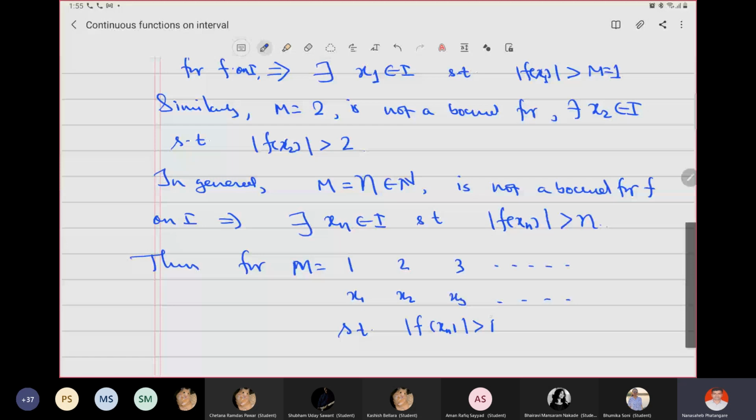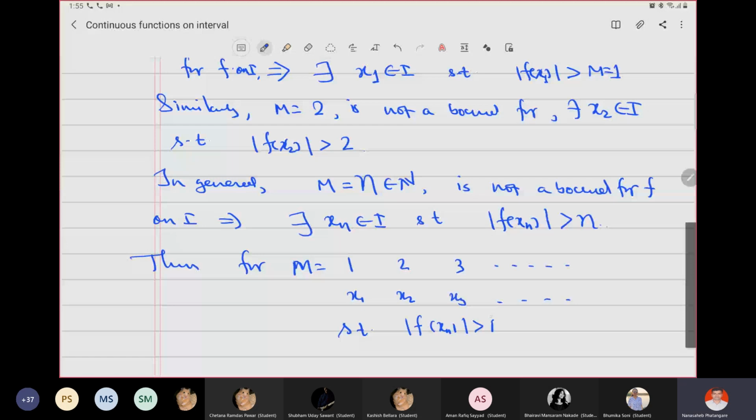In this way, I produce a sequence, right? So up to this, everything is clear. Thus, we produce a sequence xn in I such that the absolute value of f(xn) is greater than n for all n.